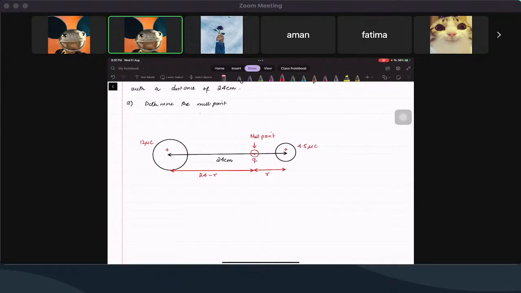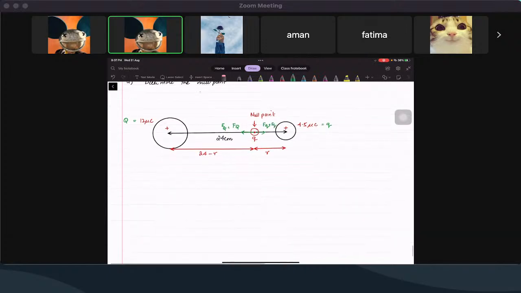Now, we should understand that at the null point, the force on this from, say, let's call this Q, and let's call this small q. The force of Q will be equal to the force of small q, because that's what null point means, and same goes for the electric field, because if electric field strength is the same, then it appears to be a null point.